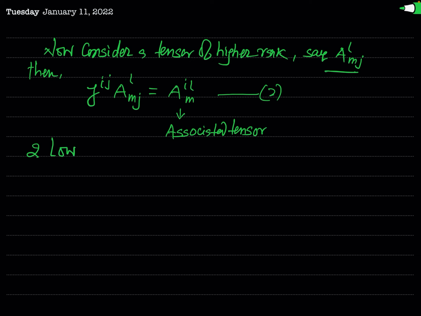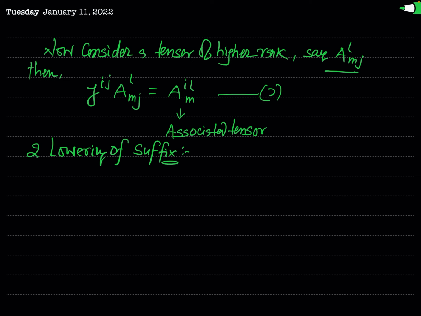Just as you defined the raising of suffix, first in case of a covariant tensor of rank 1 and then generalized that definition, similarly, if you want to perform the operation of lowering of a suffix, then if you consider the first rank tensor, you must consider a contravariant tensor, because a contravariant tensor of first rank will have one superscript and that should be lowered.